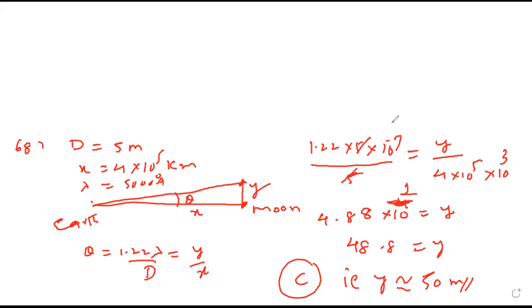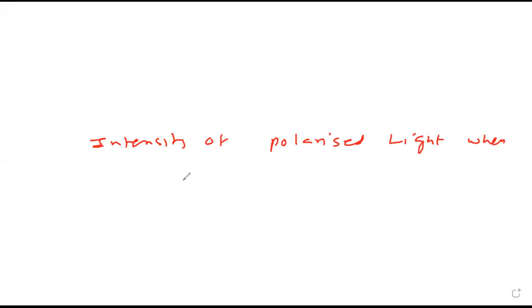Now I'm explaining the concept of intensity of polarized light when it passes through Polaroid.